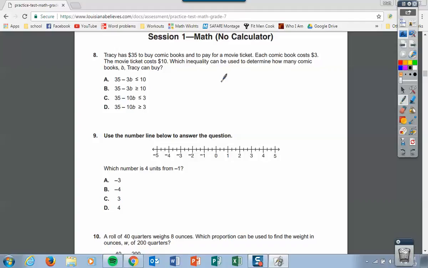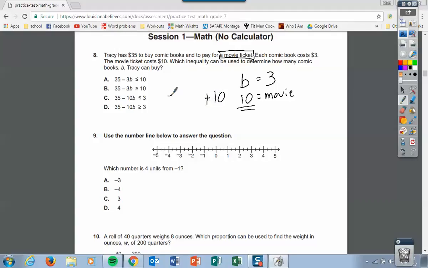We're going to represent that by B. Movie tickets cost $10. Because it's only talking about one movie ticket, this is going to be that y-intercept, or that starting cost. So I know it's going to be plus 10.